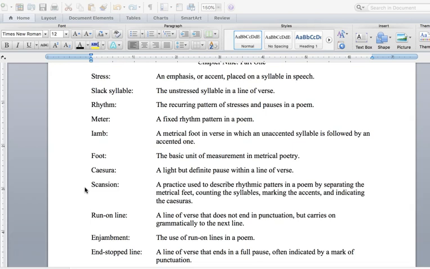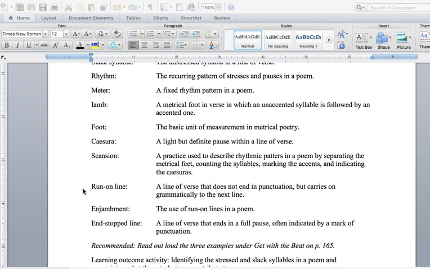Don't stress out over this. People tend to get stressed sometimes, especially if they're new to scansion. I have put in this week's Moodle block a very good step-by-step guide to scanning a poem. It's 10 steps, and I'd like you to read through that article, and I think you'll better understand how scansion works.